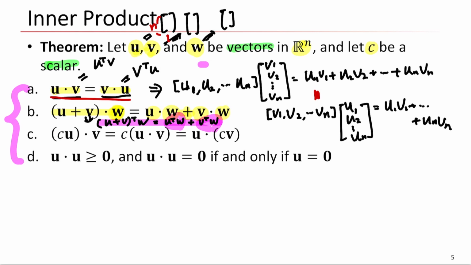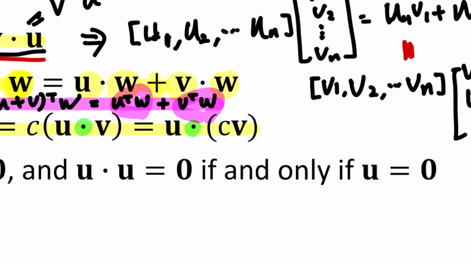And what else? The dot product of c times vector u and v is equal to c times (u dot v) and u dot cv. Okay, so this is also very intuitive. Why?